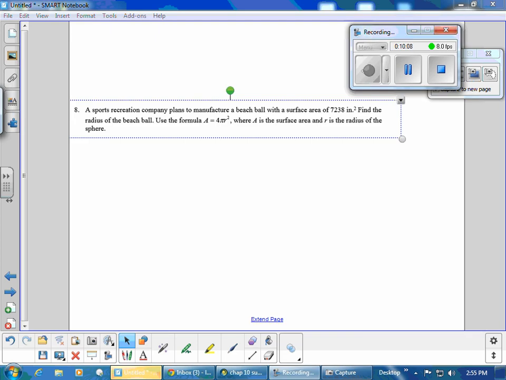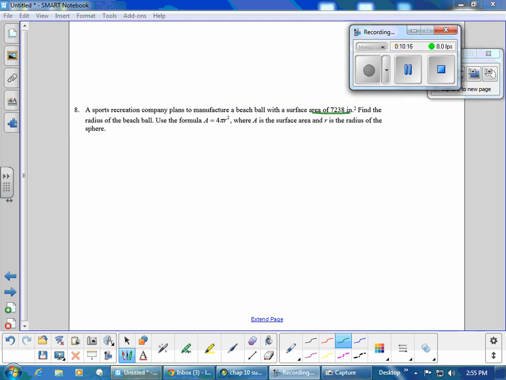Okay, number 8 should be a quick answer. It tells you that the company manufactured a beach ball whose surface area is 7,238. That's the area in this formula. Use the formula 4 pi r squared, the surface area, to figure out r. So we have to solve this equation here.